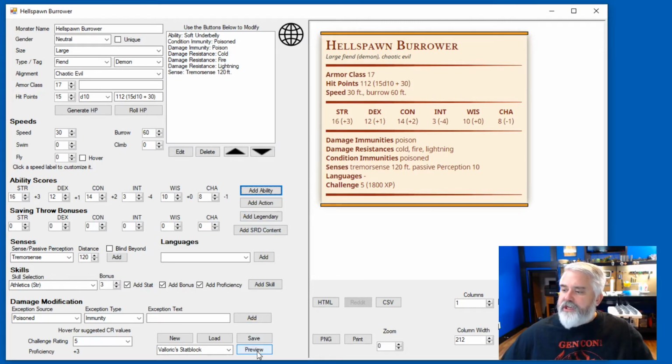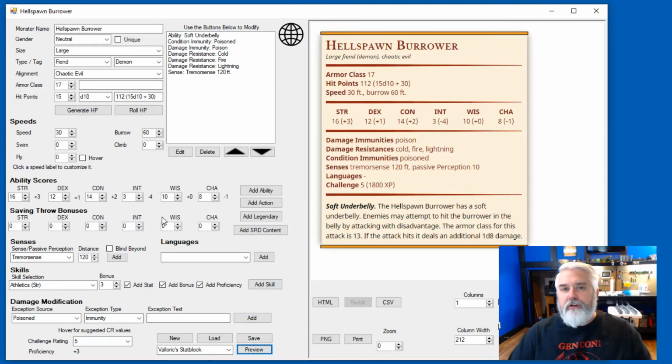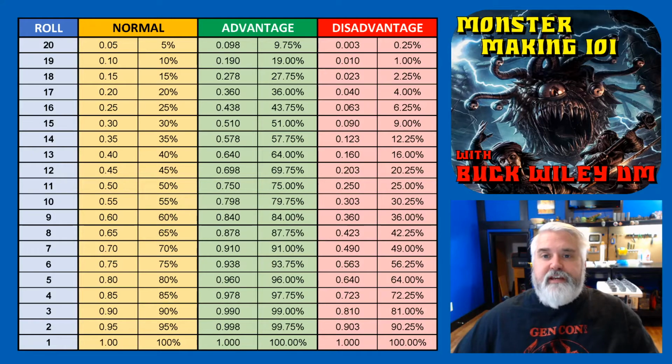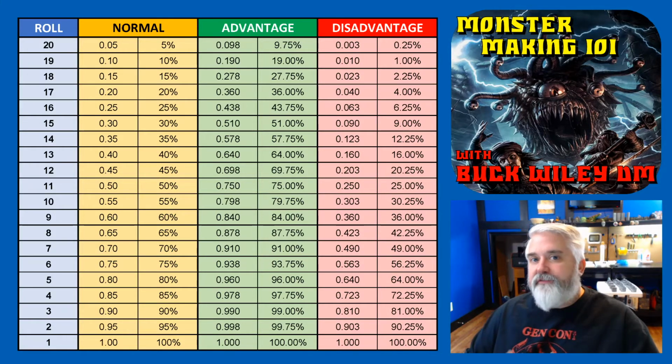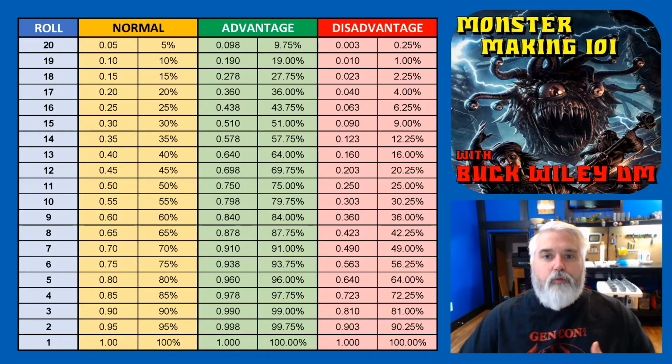And this is a good chance for us to talk a little bit about advantage and disadvantage. So let me pull up a table that I made to explain to you a little bit about how using advantage and disadvantage in the creation of a creature can affect things. So this table shows the probability of hitting on an attack when you roll normally, when you roll with advantage, and when you roll with a disadvantage.